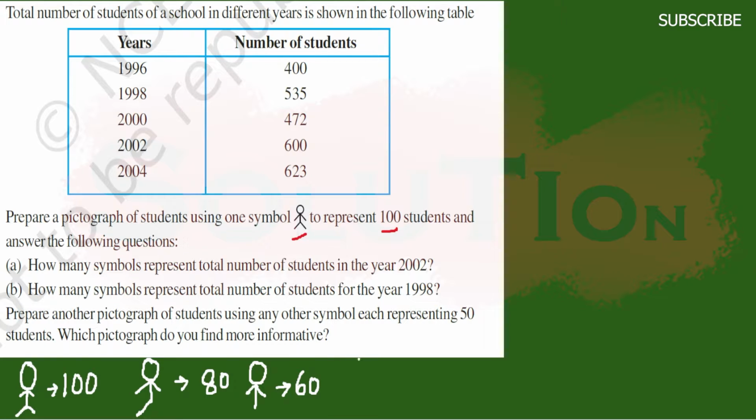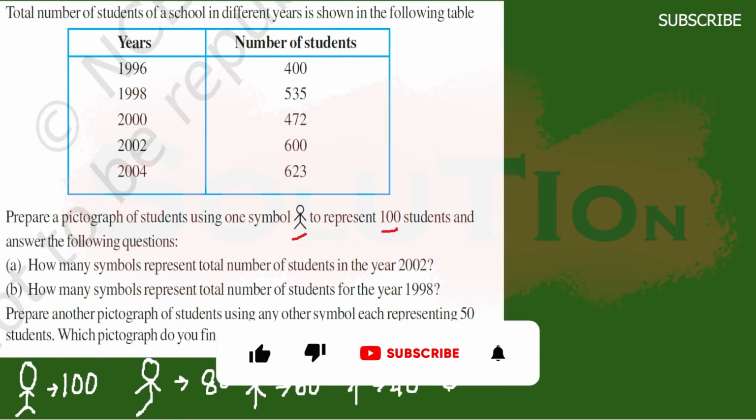So here you can see one body and one hand, it represents 40. And then we have our body only, it will represent 20.